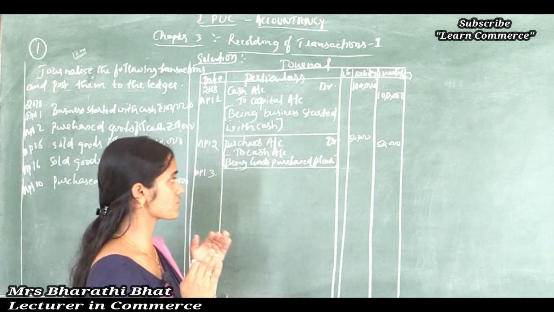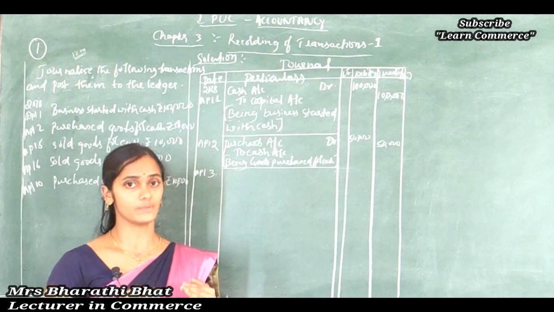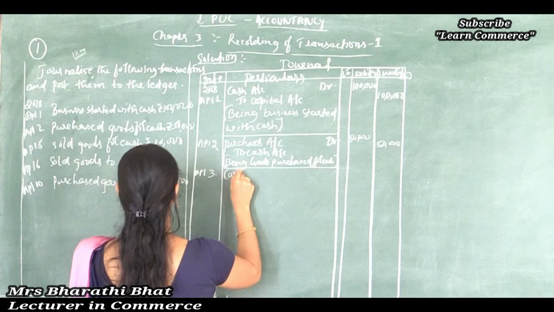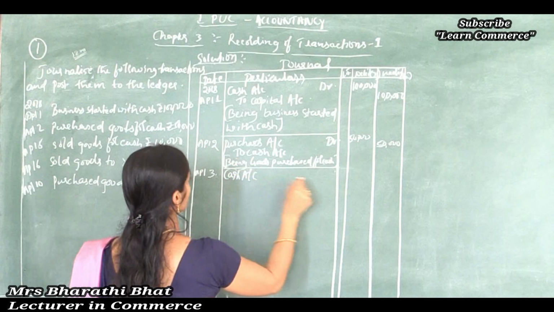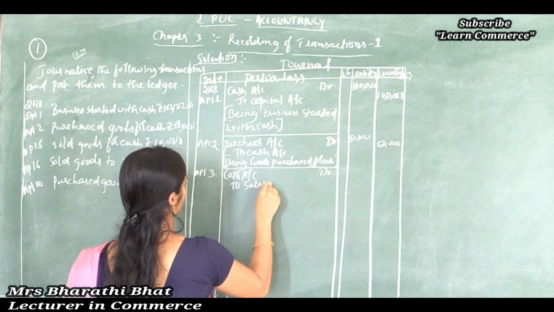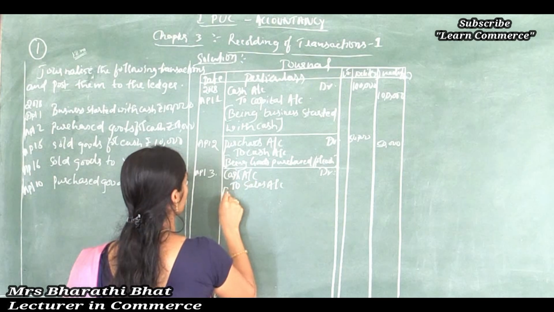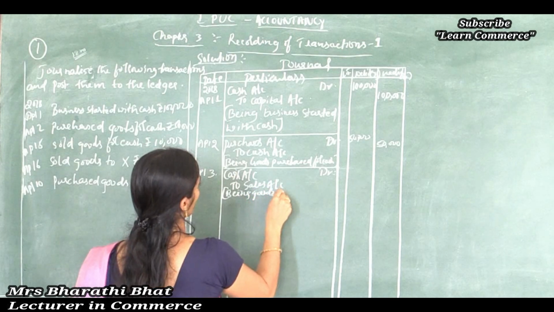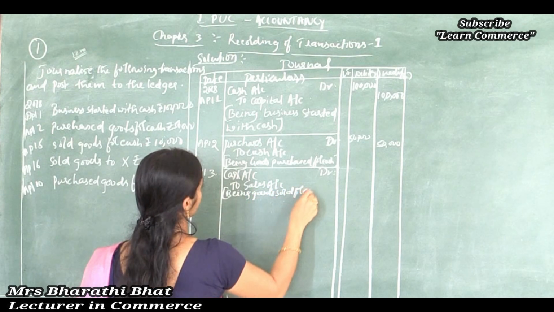So we should write the debit aspect in the first line. Which account is debited here? Cash account. Cash account debited to sales account. What is the narration? Being goods sold for cash.